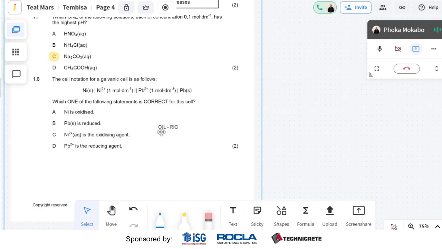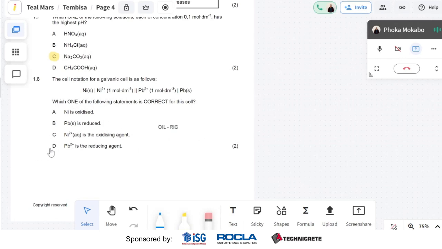And funnily enough, what is going through oxidation would be referred to as the reducing agent, and what goes through reduction is the oxidizing agent. So by the looks of things, nickel is the reducing agent because it undergoes oxidation, and lead is the oxidizing agent because it undergoes reduction.